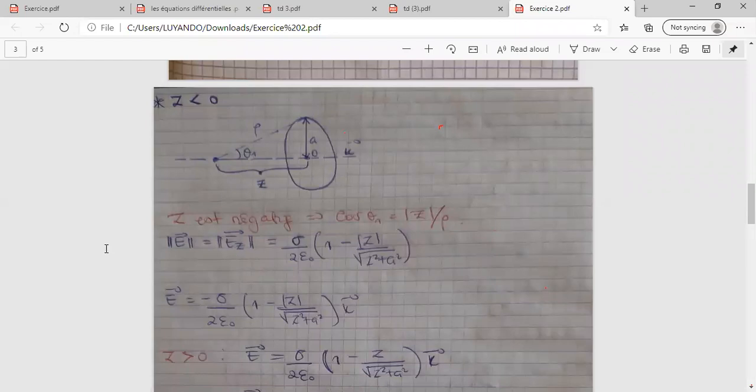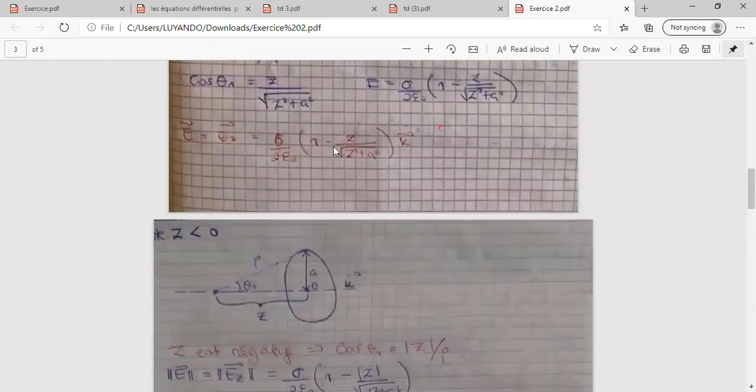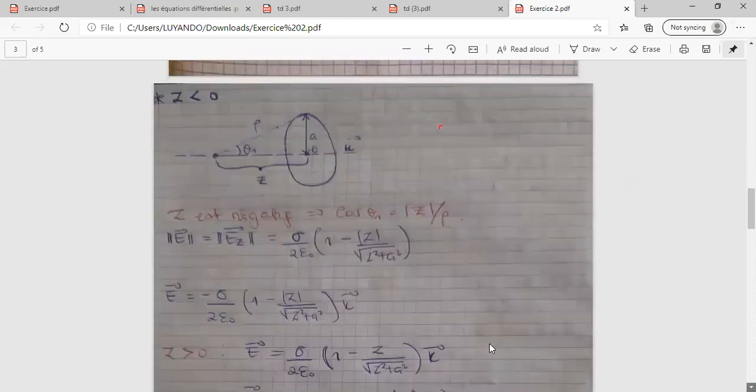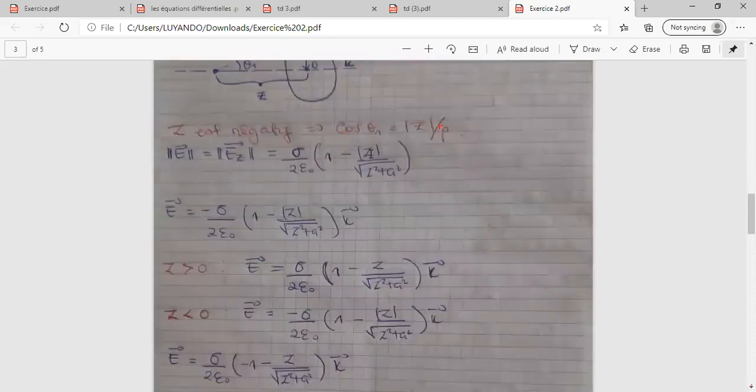So we're going to have our E, our modulus of E in the direction Ez, is going to be this. This is what we found for z greater than 0, if you can see here. But if our z is less than 0, we're going to have modulus of z. The modulus of z, you know that it's either positive or negative. So for the fact that we have a negative z, we're going to introduce our modulus.